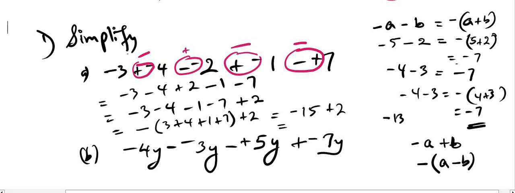So this is negative 15 and this is positive 2. Because the signs are different, we're going to do what? Subtract. So we're going to get 13, and keep the sign of the larger number. If you ignore the signs, which number is larger? 15. And look back at 15 now and see what sign it carries. Negative, yes. So that's probably the fast way of doing this.